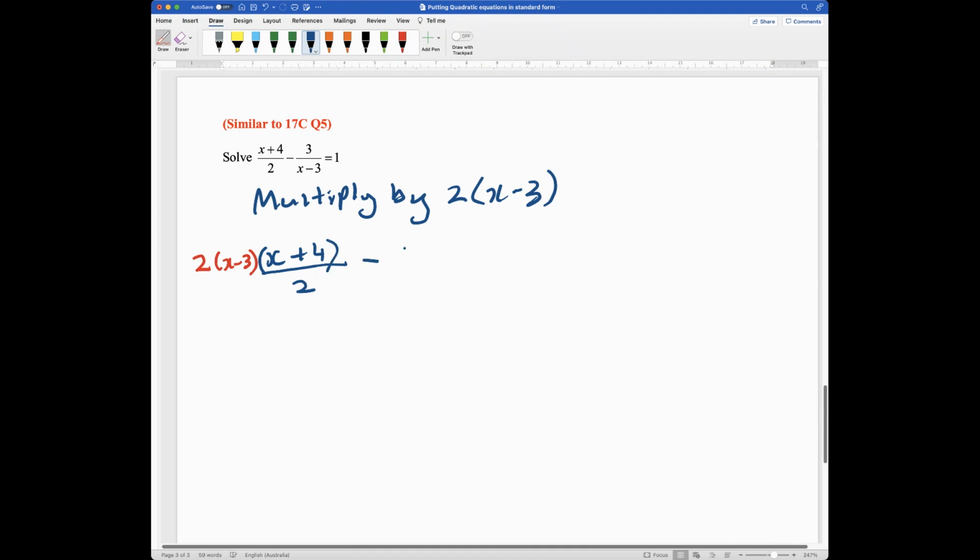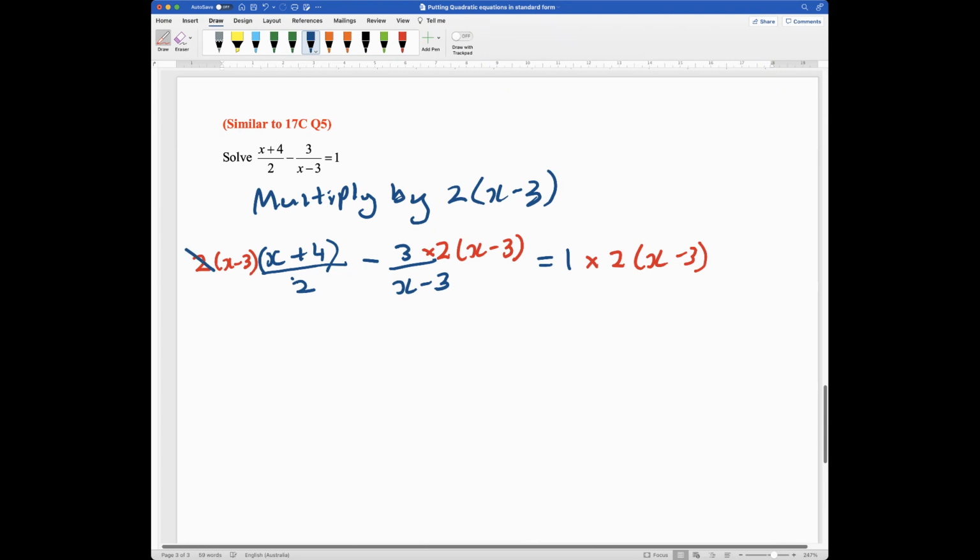And then we've got the other fraction, we're also going to multiply that by 2 brackets x minus 3, and that's equal to 1, and we're going to multiply that. So all terms get multiplied by 2 outside of x minus 3. Now, when you do that, you can see that certain things will cancel.